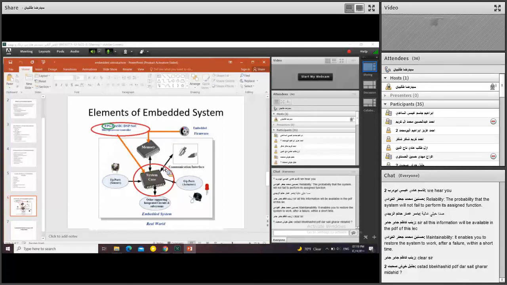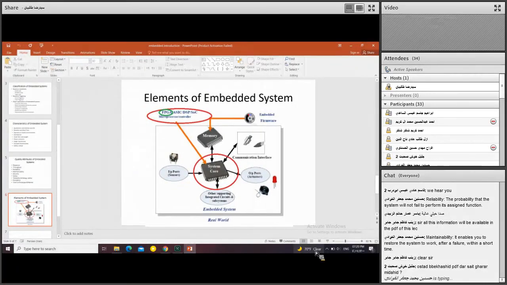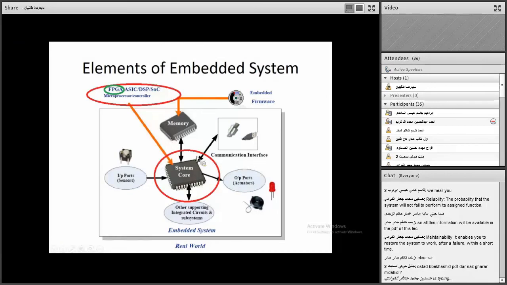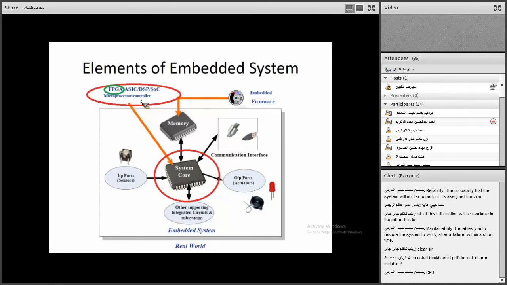You can see that this system core is really a processor. Some processors, for example, let me increase the figure: system on chip, controller, microcontrollers, microprocessors, application-specific integrated circuits, DSP processors, and FPGAs.